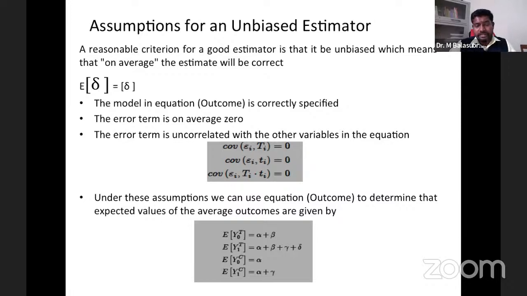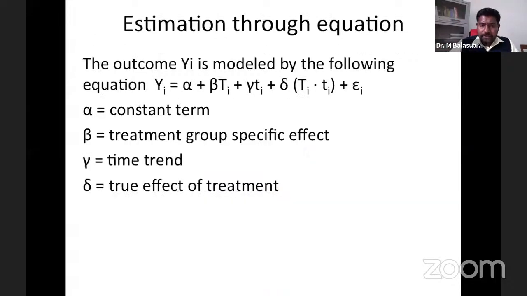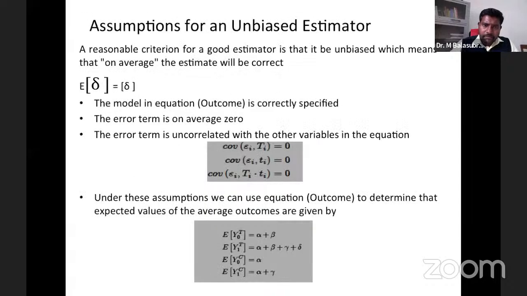This assumption we can call by another name, the parallel trend assumption. For our equation to be valid, the parallel trend assumption must be true. So to apply these assumptions to the earlier equation, now we can derive our unknowns.